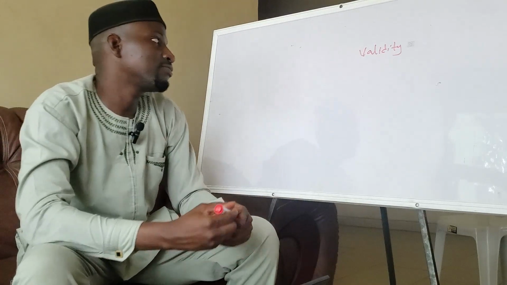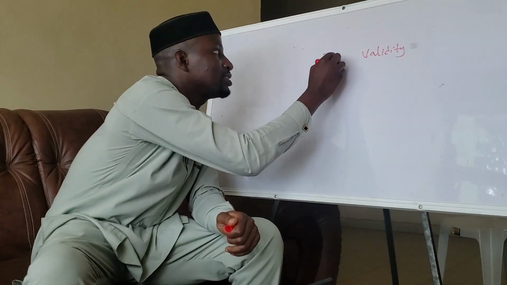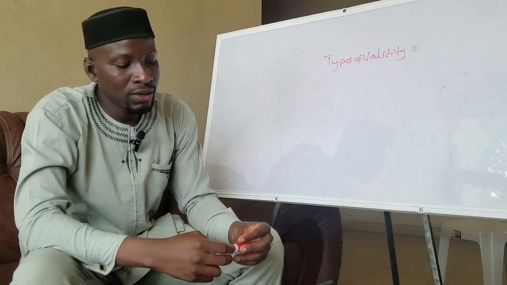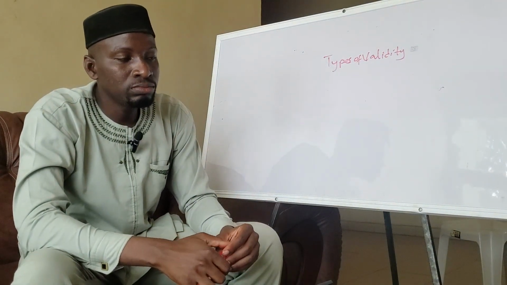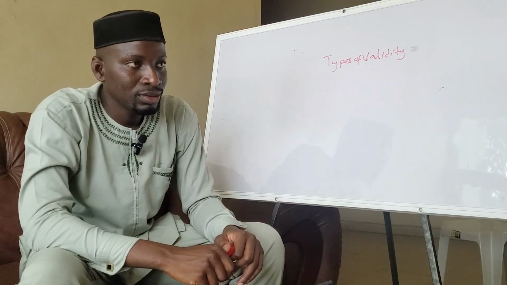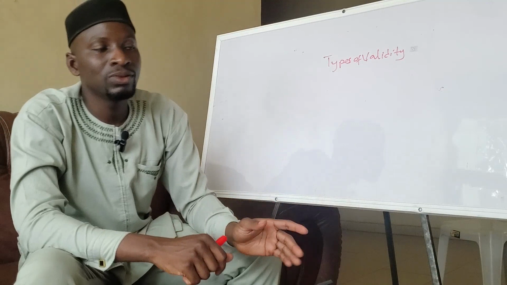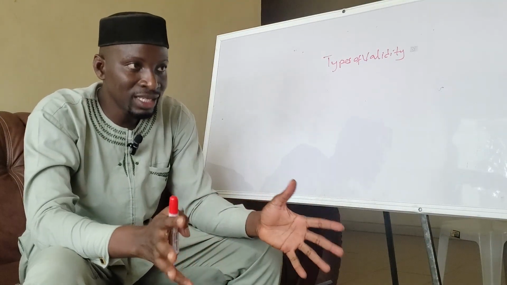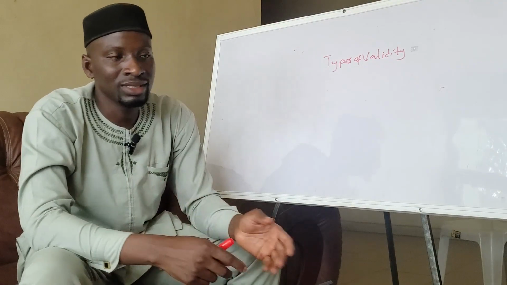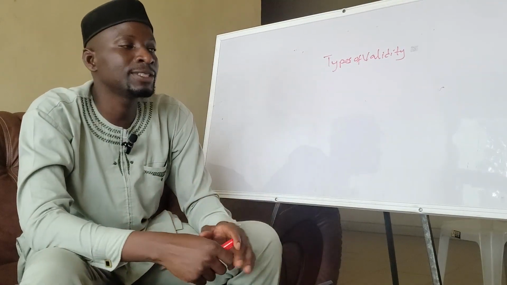There are various types of validity. We have what we call translational. It will translate to, and we have the main validity concept, and we have the other validity concepts that are broader than this.